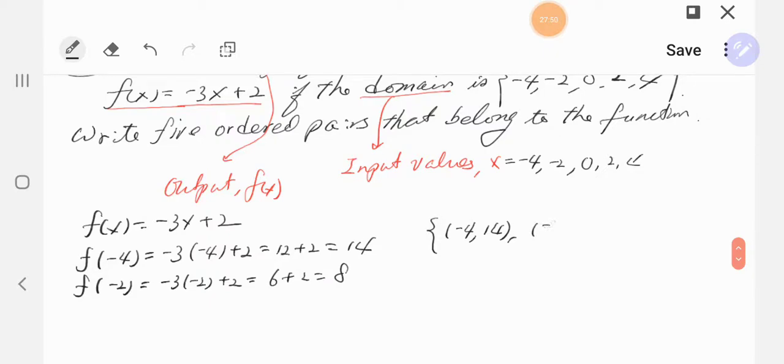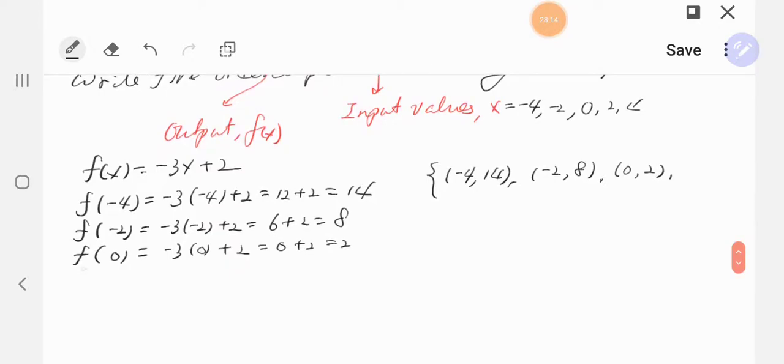When x is -2, y value is 8. This is the second ordered pair. Then let's find the third one. The third one is x equals 0. The input value is 0. So -3 times 0 plus 2, then 0 plus 2 is 2. The input is 0, the output is 2. So that's the third one.